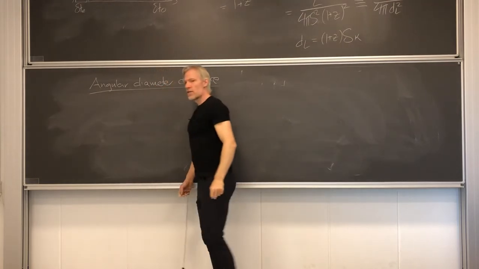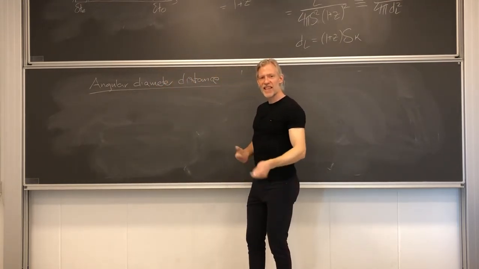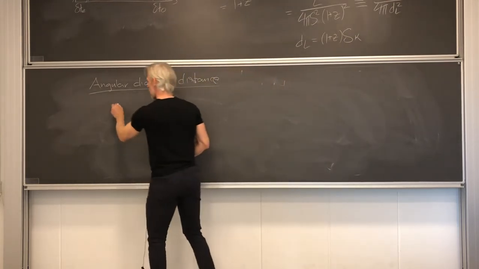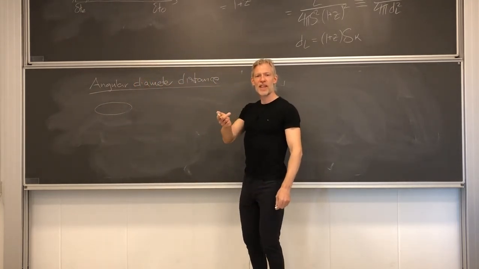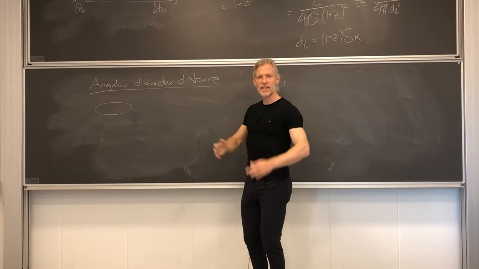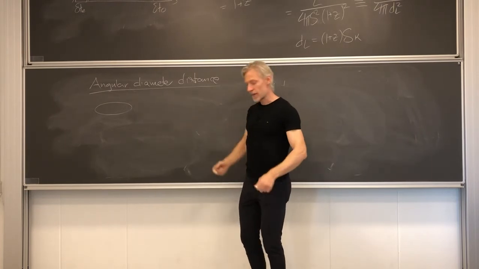So the angular diameter distance is based on observations of extended objects. So it's not a single point-like source like a star, for example, or a supernova. It's some extended object like a galaxy, for example.